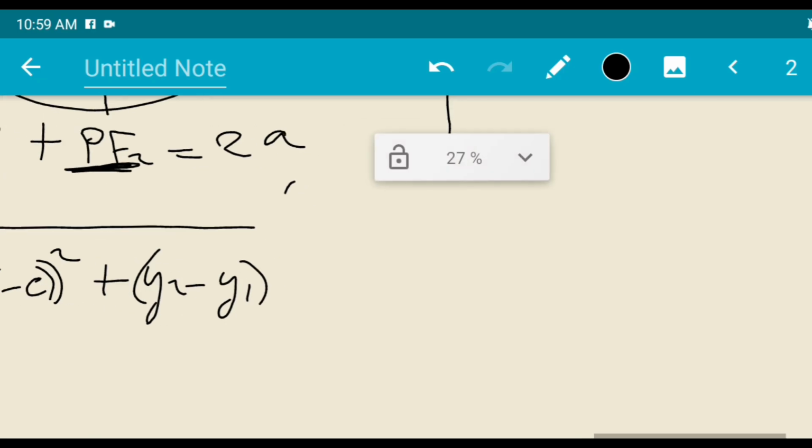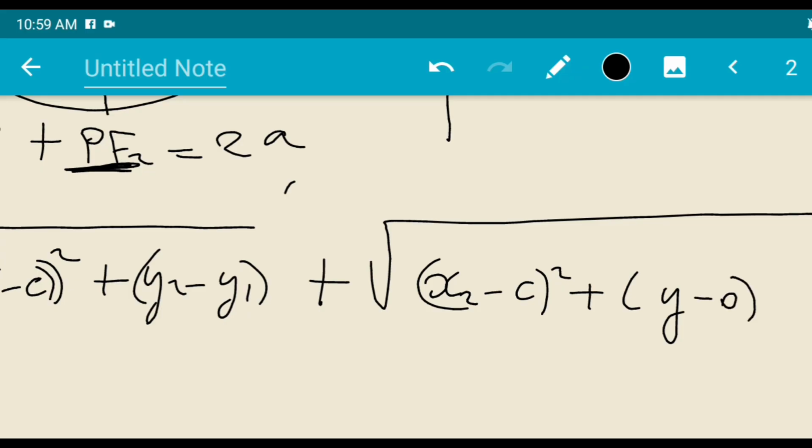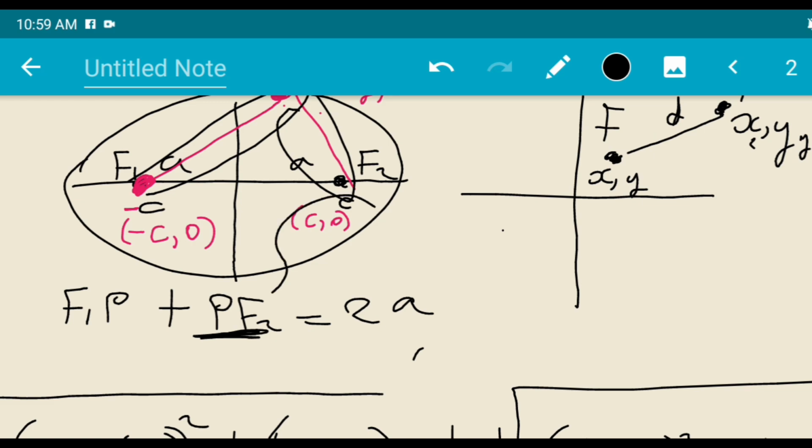Now we say plus, we open brackets, we say x2 minus x1. What is our x1 in this case? It's just c, squared, plus y2. What is our y2 in this case? It's just y, minus y1. What is y1 in this case? It's just 0. Here it is c, 0.